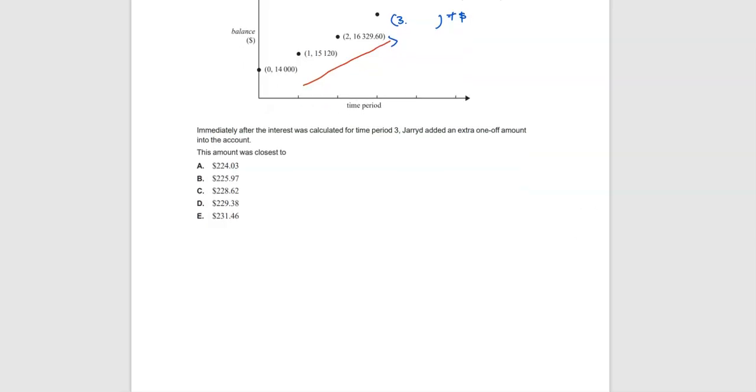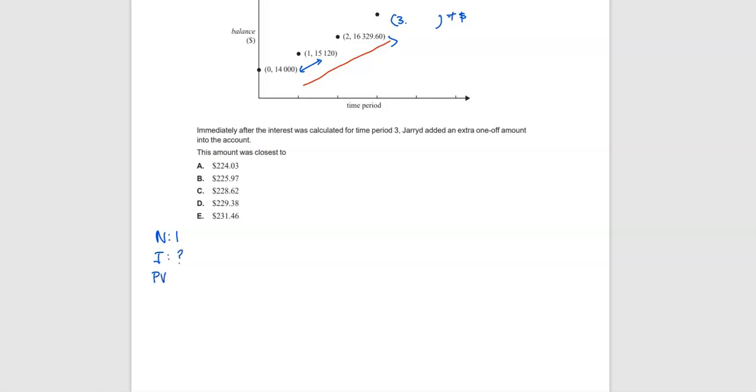I can just use 2 of these time periods. Now, it doesn't matter that I don't know whether it's monthly or weekly. All I know is that it's between one time period. This interest rate is what I'm trying to find out.